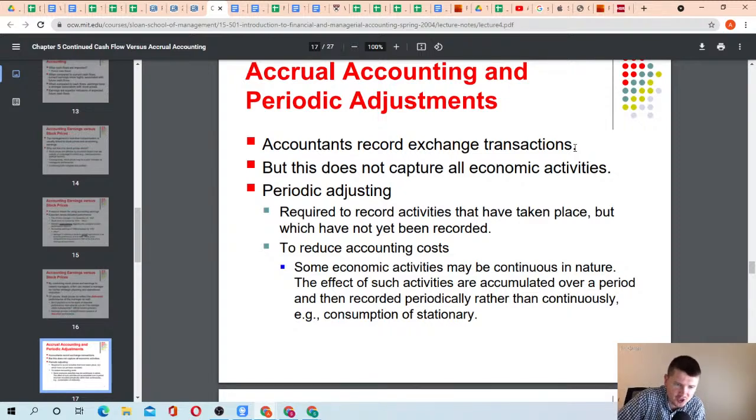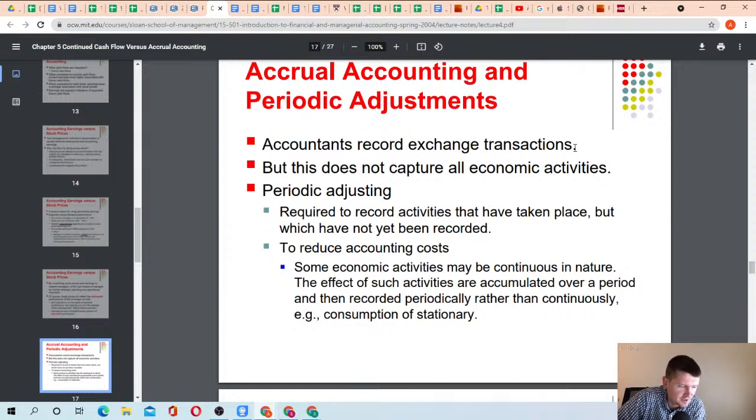You either exchange cash for something, for example, cash for inventory or cash for a building, or you might exchange your raw materials for finished goods when you do a production process. Or you might get cash and record equity. That's also kind of an exchange with an owner of the business.